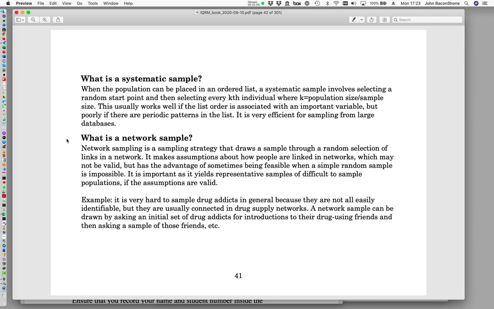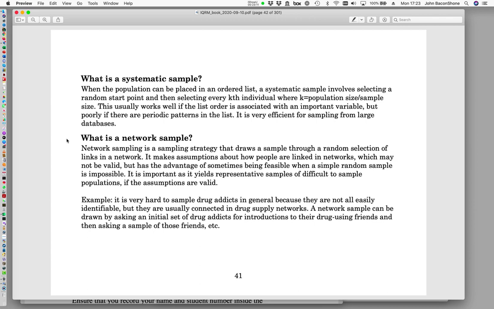So I might sort you by your performance on that test. So in that situation, putting you in the order of your performance would be a good idea. It would help make sure that I'm representative across the different ability levels.